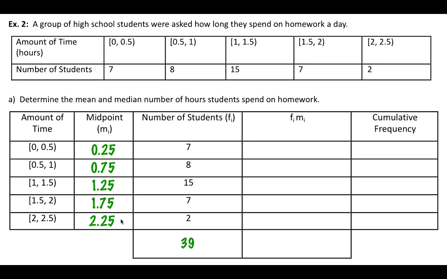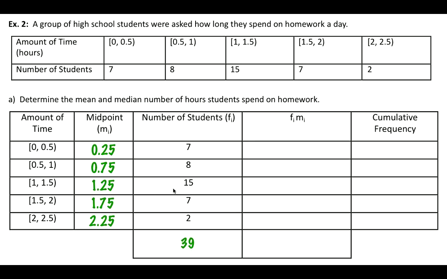We're saying that there were 7 values at an estimated 0.25, and 8 of them at 0.75, and 15 of them at 1.25. So it's like the frequency is your weight, right? How many times are we counting, because there's much more students in the third interval, and we need our average, our mean to reflect that.